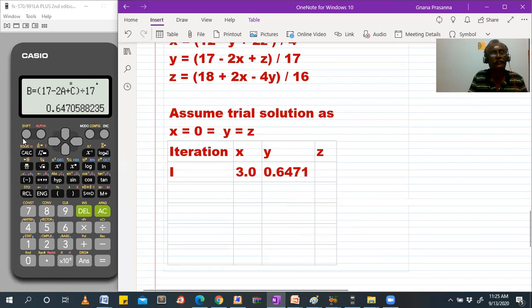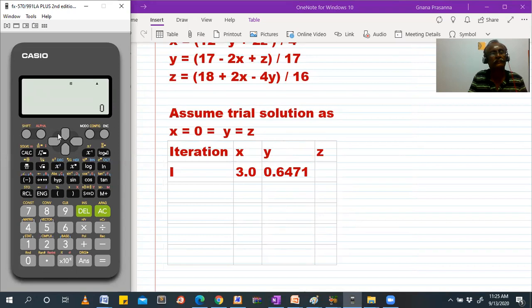Then implement C. C equal to, open bracket, 18 plus 2A minus 4B, close bracket, divided by 16.